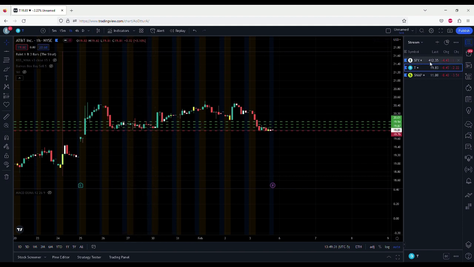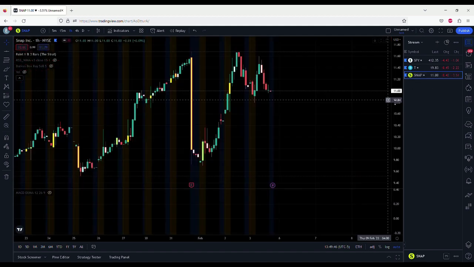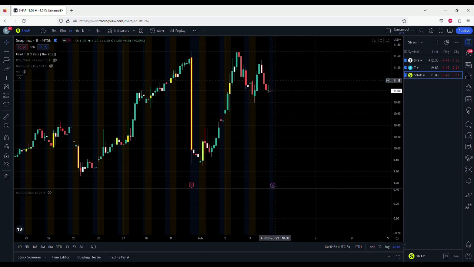That's another reason we see a lot of rejections at SPY 400, 410, 415. So whole numbers tend to be a pretty good level to watch. Sometimes we close, for example on Snap, around 10.94, 10.95. I'm going to put my next resistance to the upside at 11.